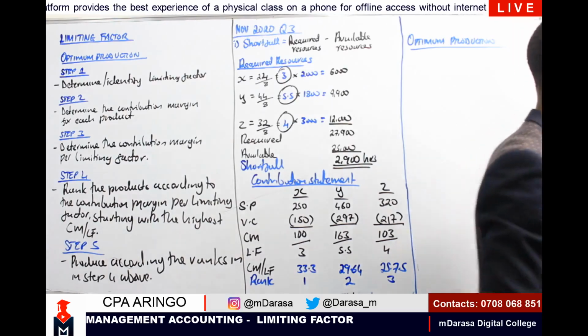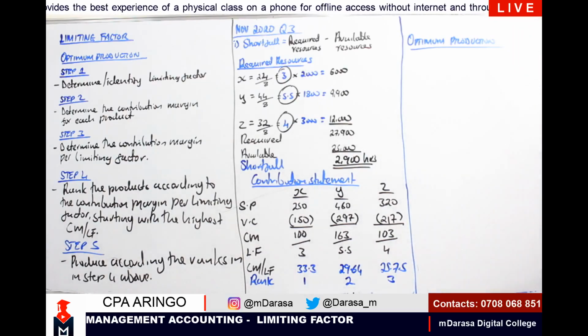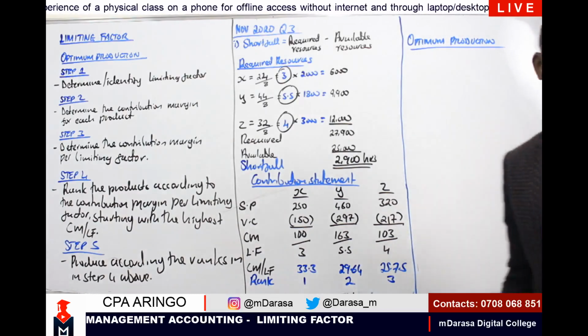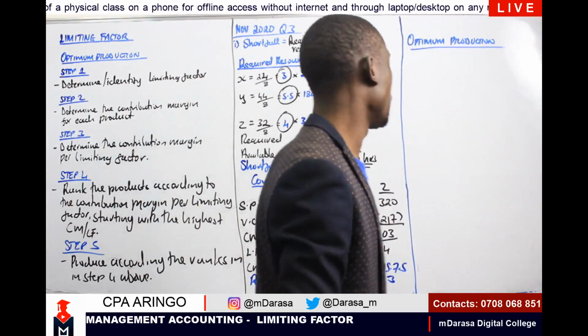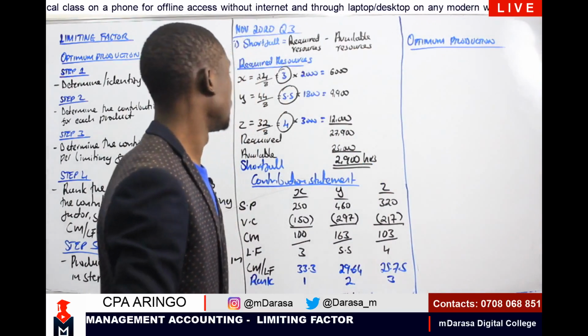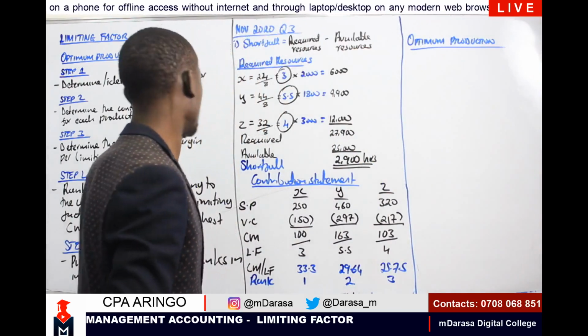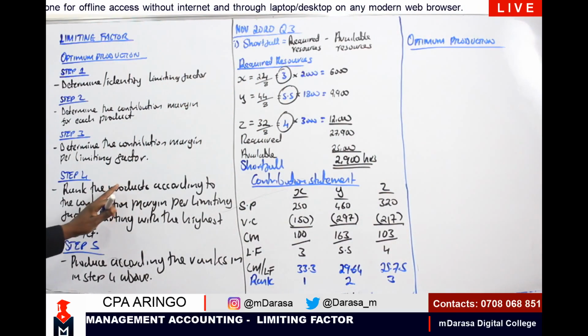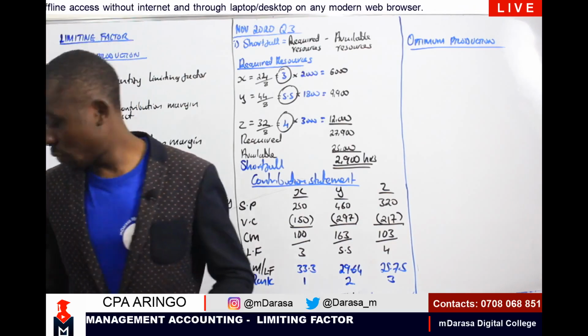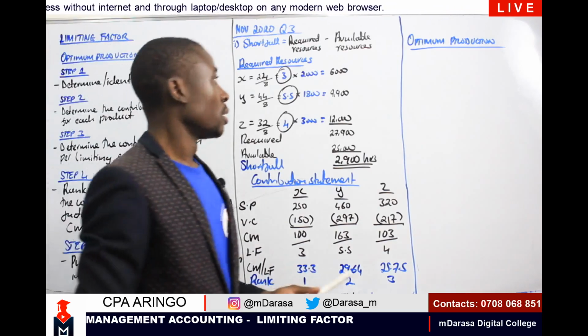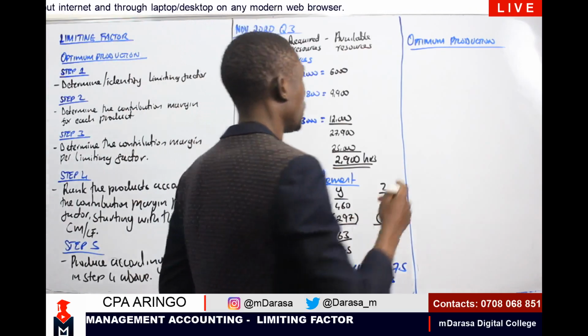How are we going to handle that? So looking at our optimum production, this is what you are going to do. I'm going to have our rank. So if you can allow me, I'll just use that space. Hopefully it will fit. So I'm having our rank.